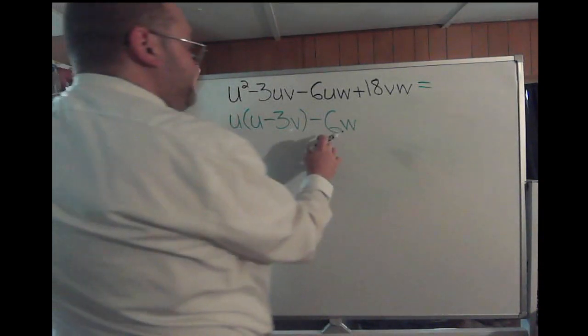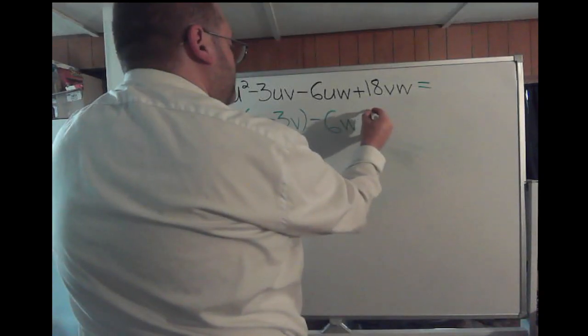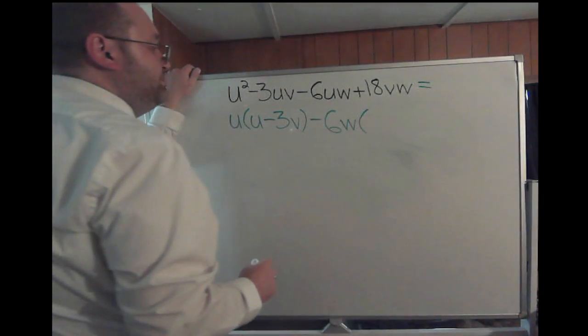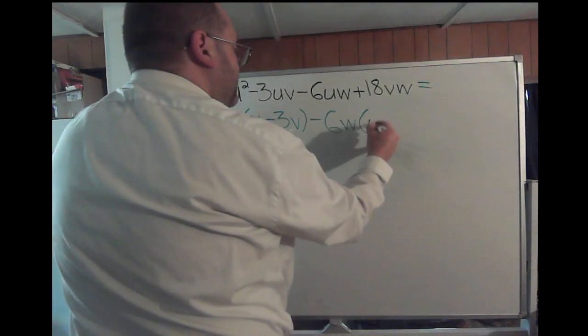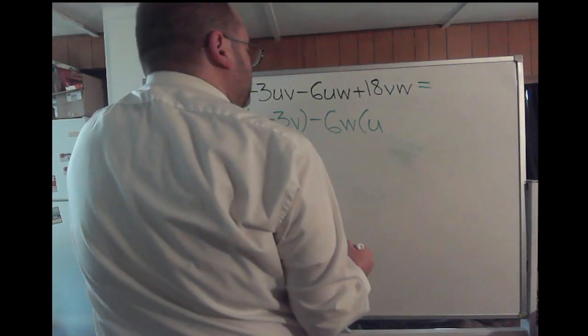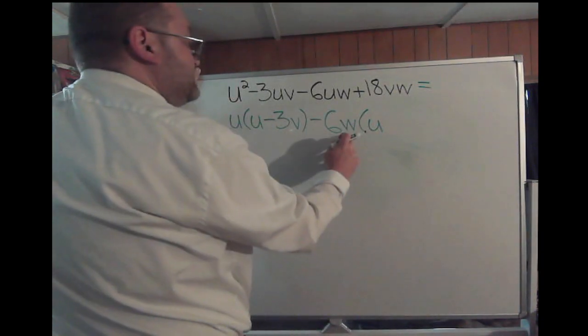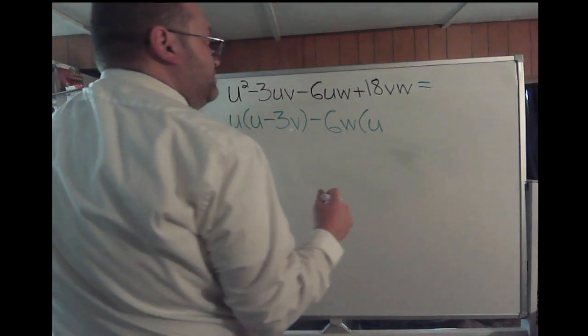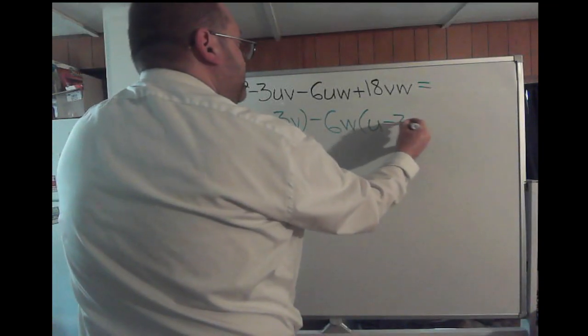So we can really factor out negative 6w. So now negative 6w times what equals negative 6uw? That'd just be positive u. Now, negative 6w times what equals positive 18vw? That'd be negative 3v.